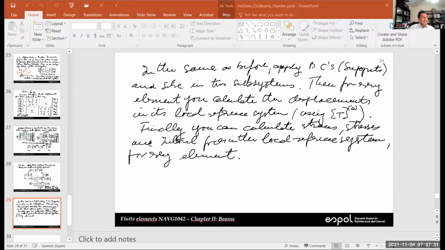After you calculate the displacement in the local reference system, you can calculate strains. Then from the strains, you calculate stresses using Hooke's law. And if you need, you can calculate internal forces. And finally, you can analyze the results.